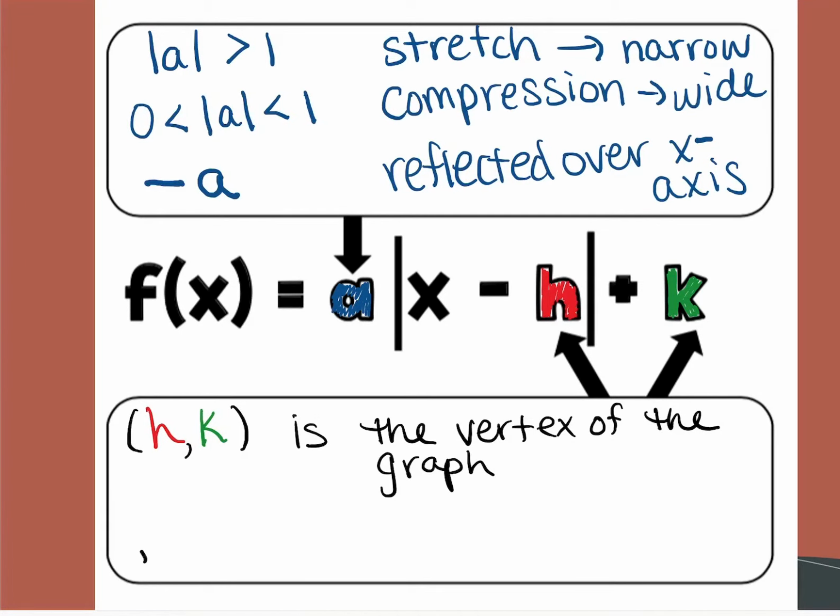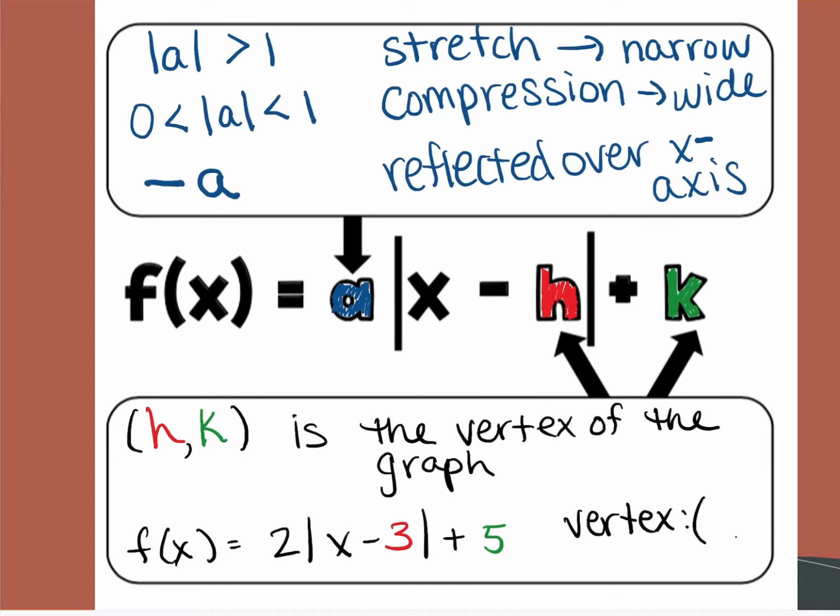So for instance, if we have the function f of x equals 2 times the absolute value of x minus 3 plus 5, then our vertex here is 3, 5. So notice again how this is x minus, but this is a positive 3 because we are subtracting a positive 3 right here.